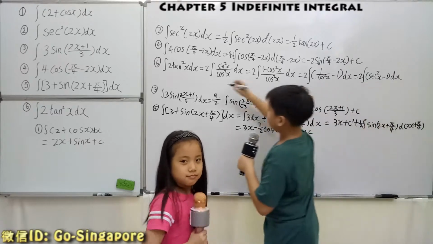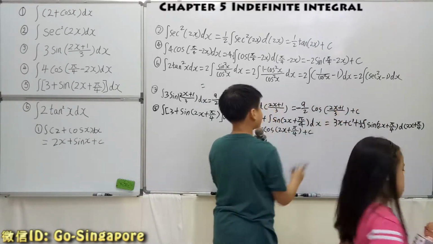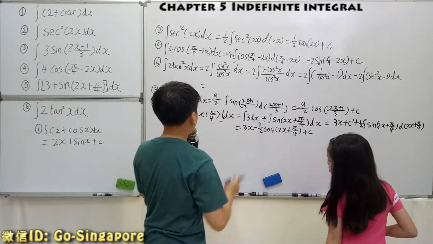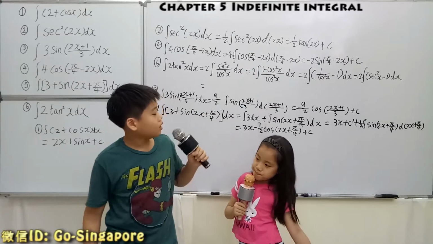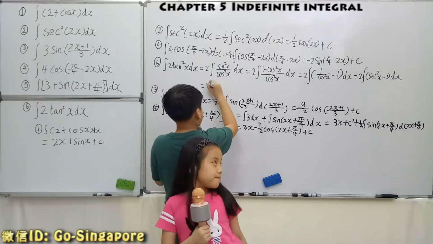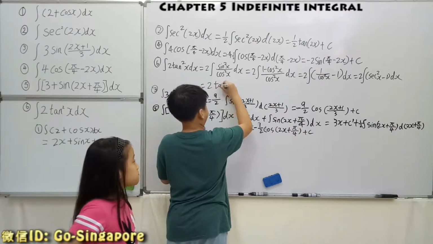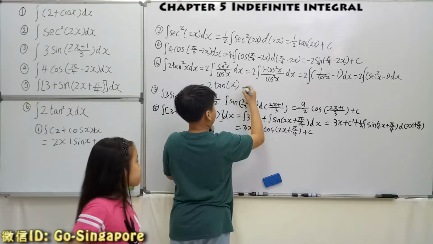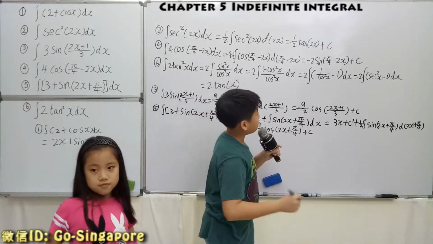So for this, remember this secant square x, which we have done just now, which is the tangent x, right? Yeah. So for this 2 integral, first we had this 2, and then behind here, it's an x. So here is the tangent x, and then don't forget about that minus 1, which is actually a minus x, right? Yes.